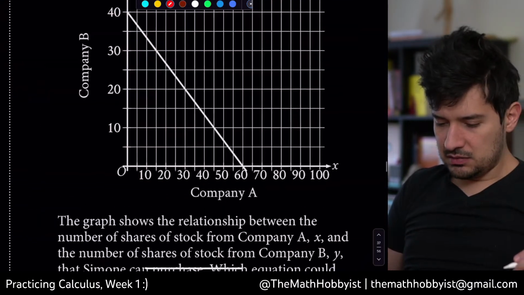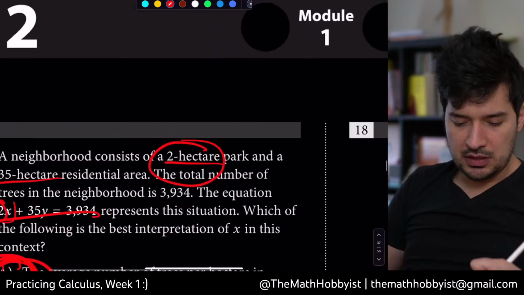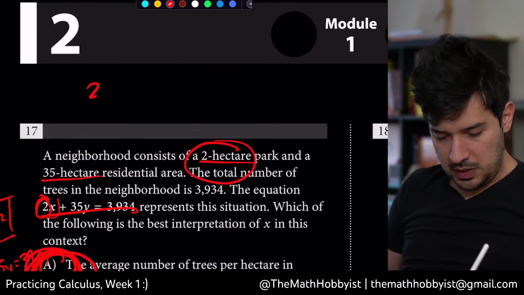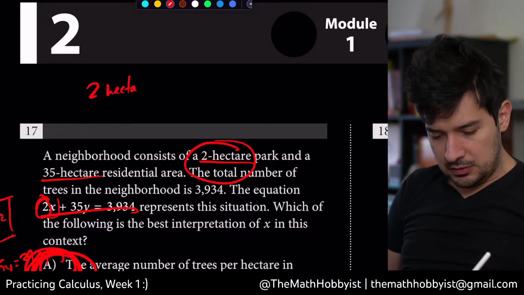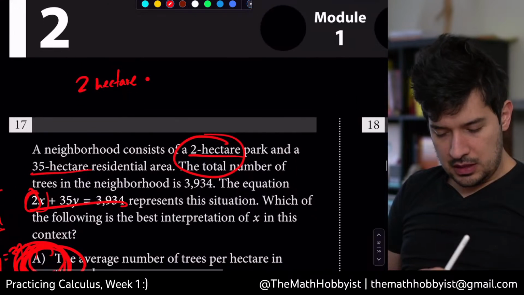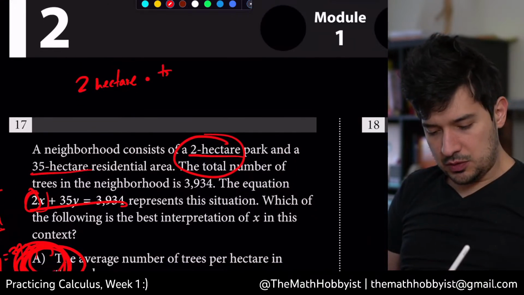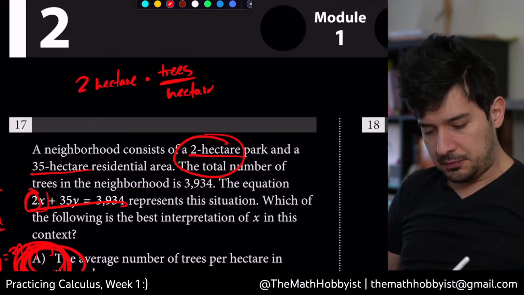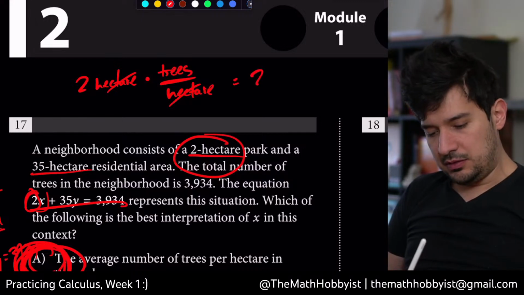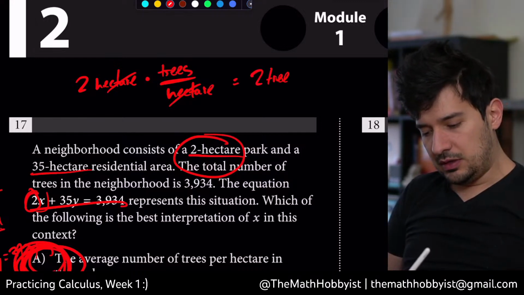It's A. You could do a unit analysis, like 2 hectares times we want trees per hectare, and then hectares cross out, and then you get trees.